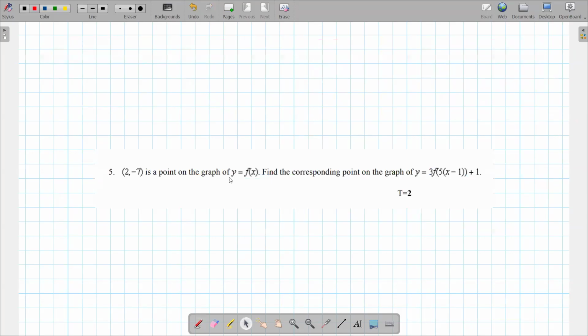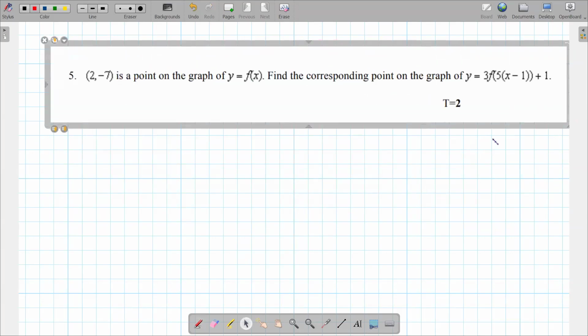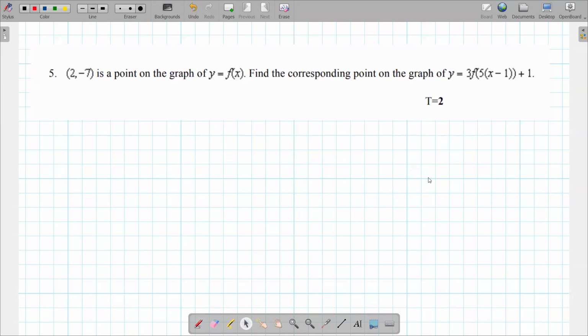Let's look at this next one. 2 comma negative 7 is a point on the graph of f of x. Find the corresponding point on the graph of this transformed function. All right, what type of parent function do we have here?